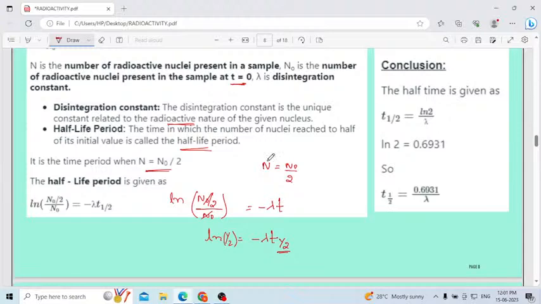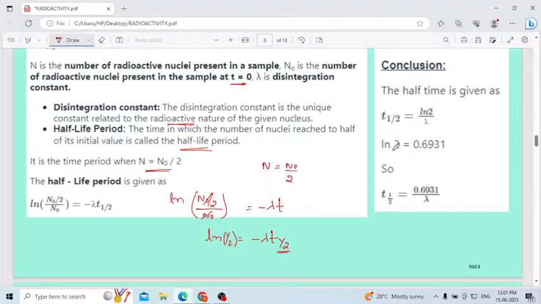The half-life is given by T half equals ln 2 divided by lambda.